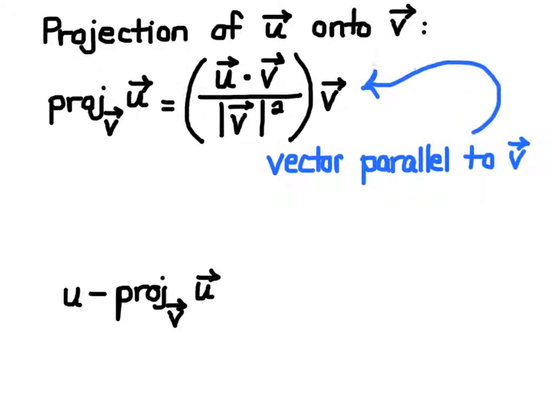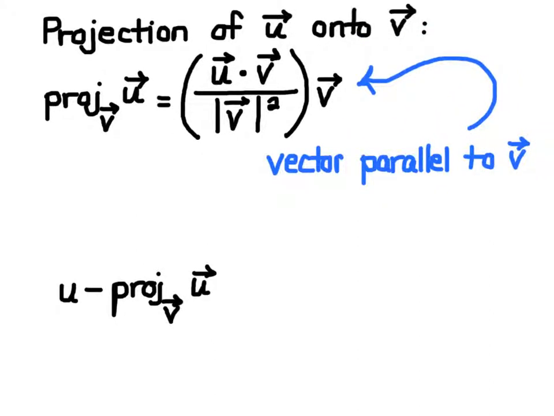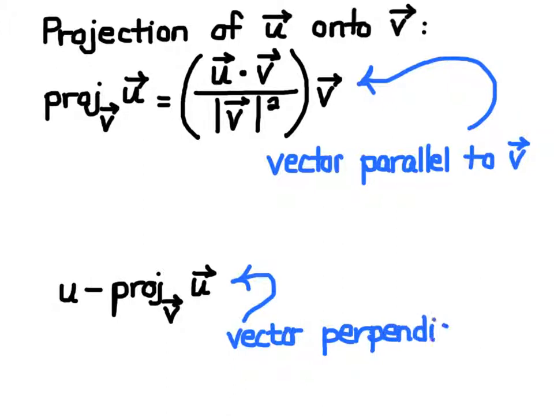This is going to give us a vector that is perpendicular to vector v. So this is what the projection formulas give us.